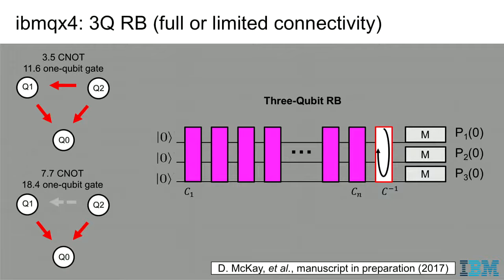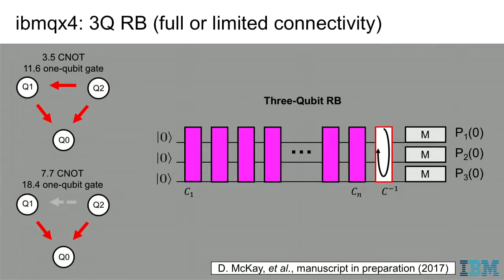It's just a standard 3-qubit RB, and depending on the connectivity, usually we don't have a 3-qubit entangling gate, we have a 2-qubit entangling gate. But if they're fully connected, to create one 3-qubit Clifford you need about 3.5 CX gates. And if it doesn't have full connectivity, it requires more CX gates.